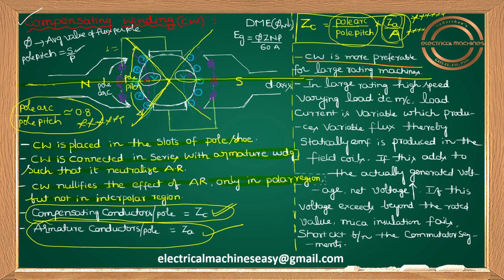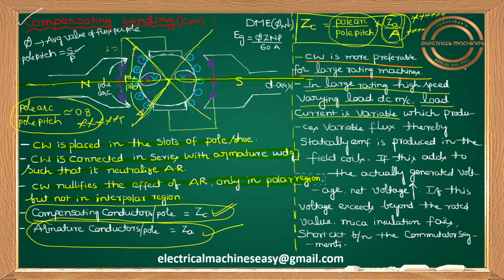Next, one more point here. Suppose I am using compensating winding in large rating machines, which run at high speed where loads are varying. In large rating, high speed, varying load DC machines, the load current is variable.